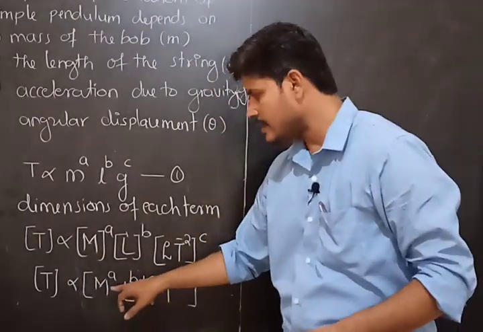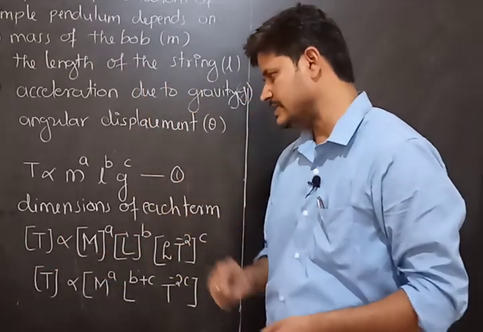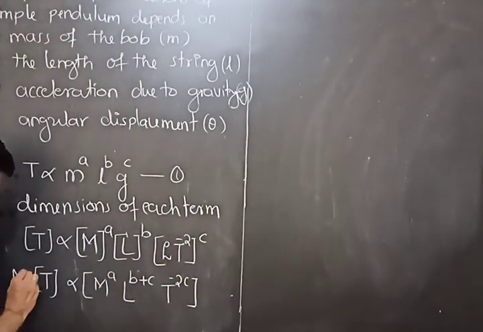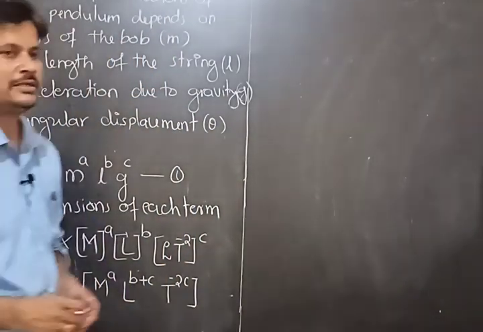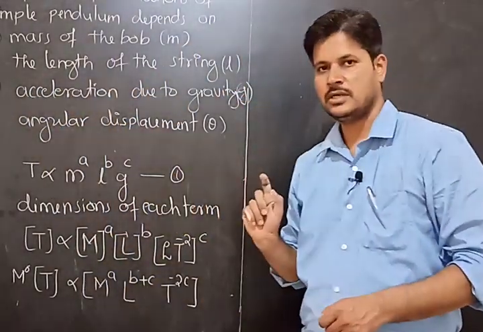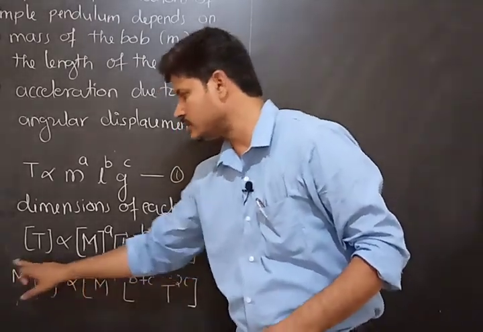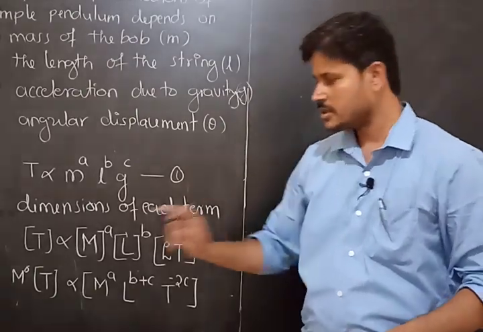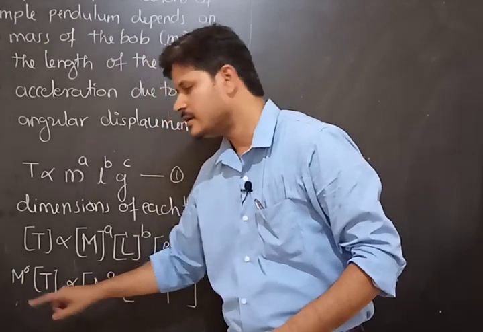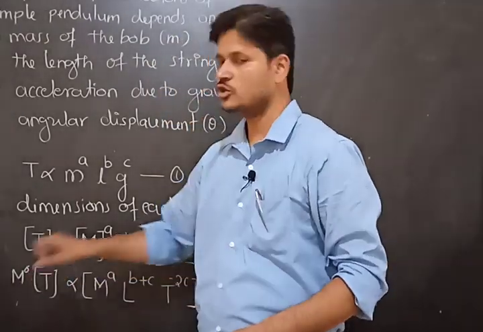To compare the mass with the left terms, there is no m there. Therefore, we consider m raised to 0, and anything raised to 0 is 1, so it makes no difference to the term. Therefore, I can consider m raised to 0.